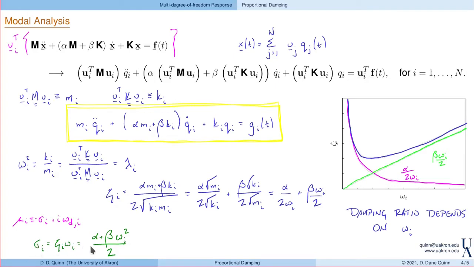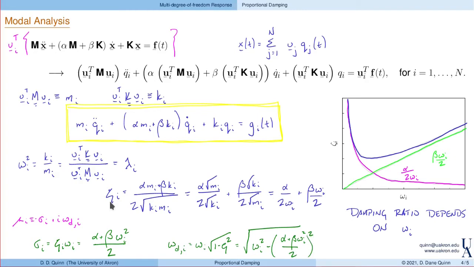So we see the decay rate again has a dependence on the natural frequency of each mode. And then we can calculate the damped natural frequency, omega d, which is just omega_i square root 1 minus zeta squared. And using our proportional damping constants, we can write this as omega squared minus alpha plus beta omega_i squared divided by 2, and that whole thing squared.